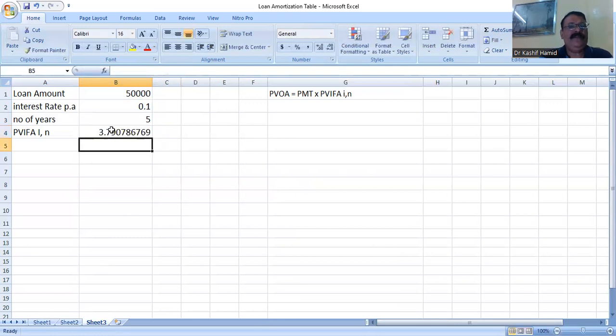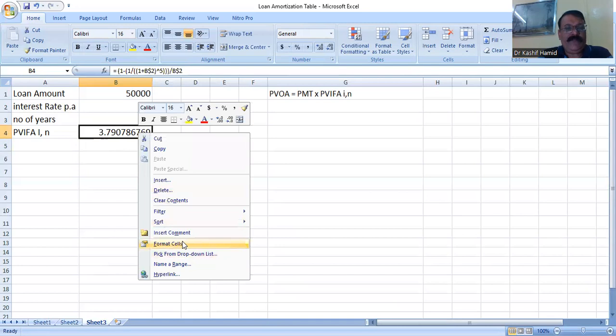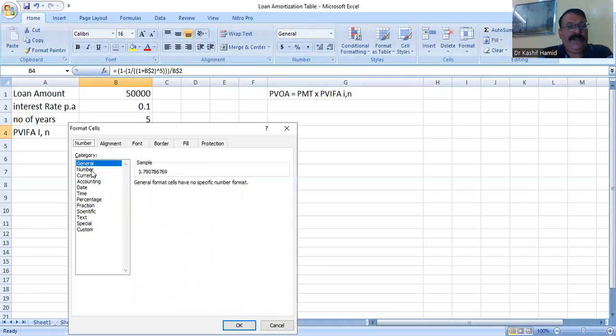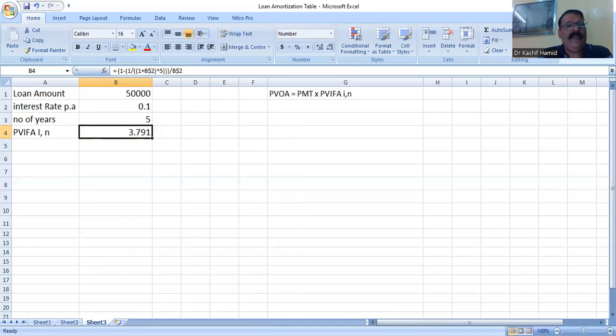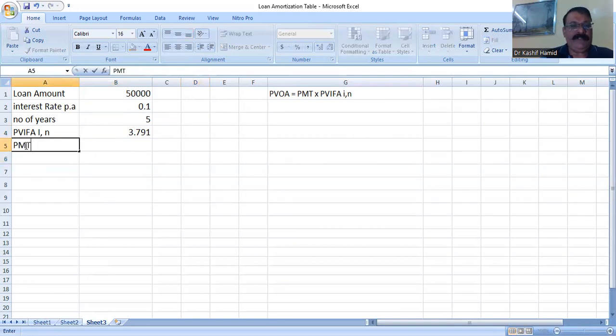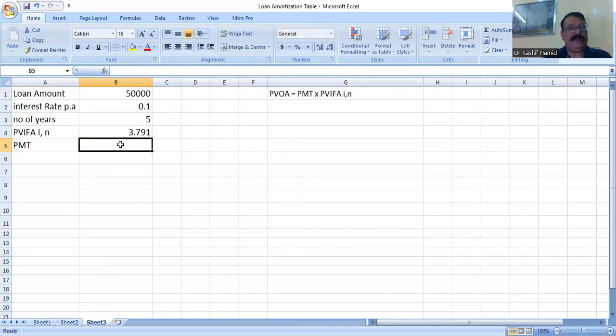So we have now computed the present value interest factor for an annuity. We format it again, and we may use up to 3 decimal places. Now we can easily compute the installment or payment that we will have to pay over the 5 years at the end of each year.